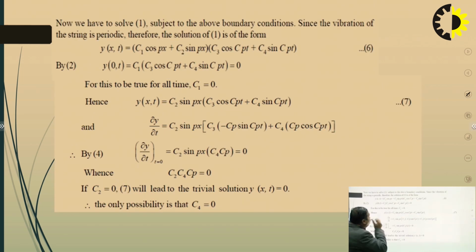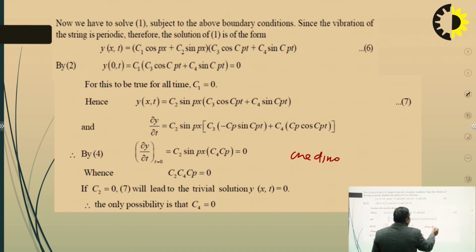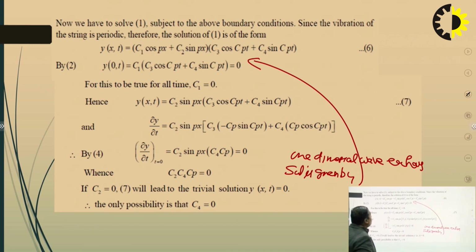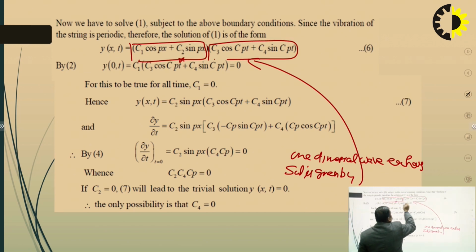Now, to solve the equation, the one dimensional wave equation having solution is given by y is equal to (c1 cos px plus c2 sin px), this is the function expression of x, times (c3 cos cpt plus c4 sin cpt).